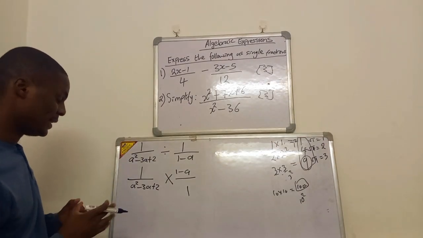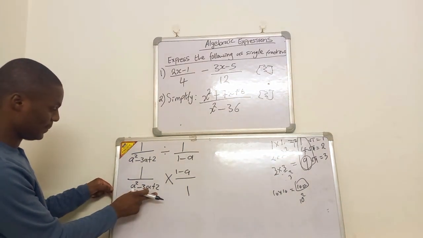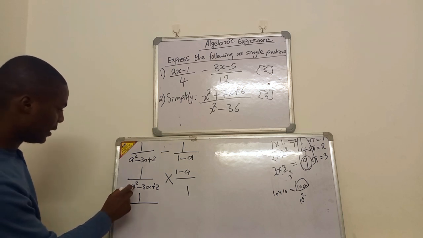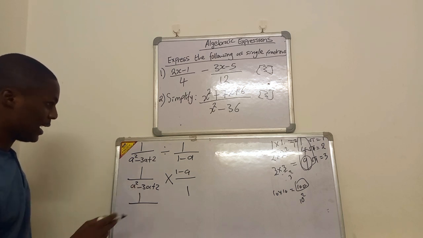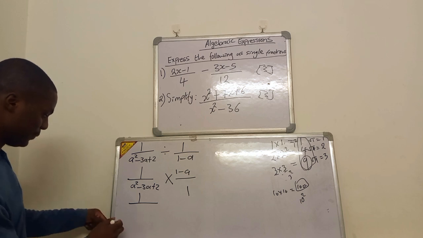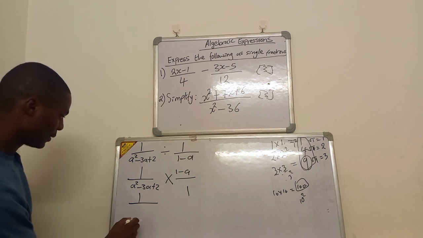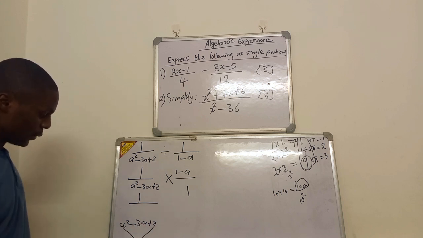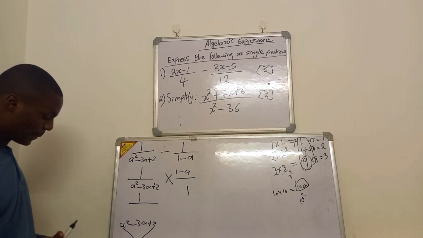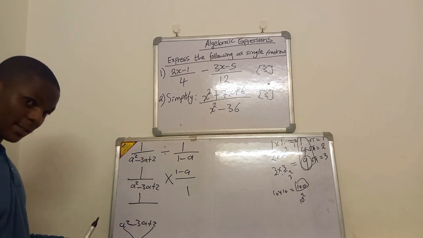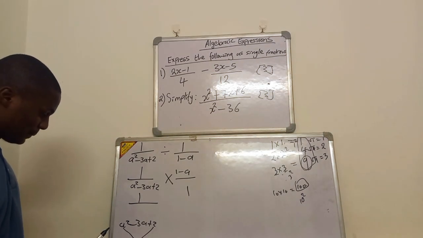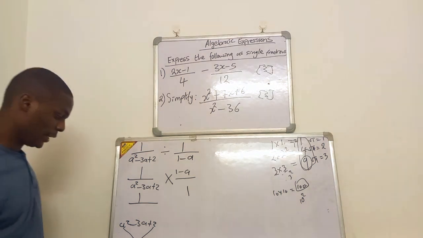So what to do now? The next part, we factorize this. So it will be 1 over, and how can I factorize a squared minus 3a plus 2? I told you guys how to factorize that part. I have a squared minus 3a plus 2. Let me multiply to get 2, and add to get minus 3a. What are the factors now? If I multiply minus 2 and minus 1, I will get 2.